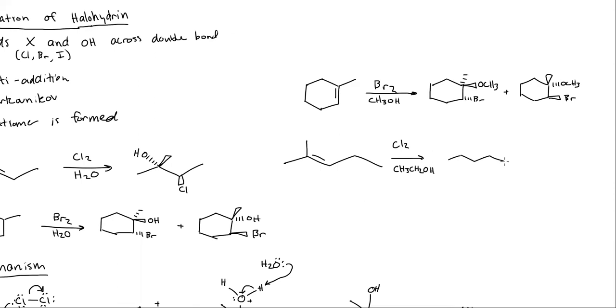And then my product is just going to be an OCH2CH3 right there. And then opposite to that is a chlorine. And then we get the other one as well. Okay, so yeah, these are my two products for these.